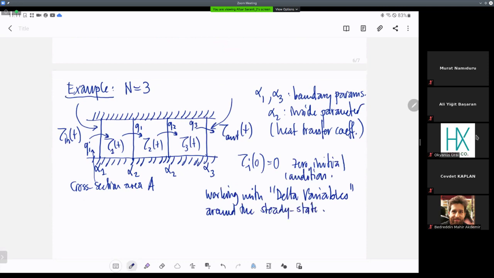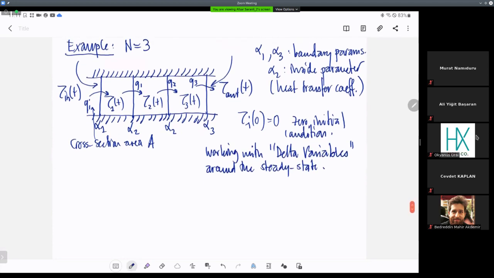So we have 3 state variables in this case, and we want to write down lumped parameter model equations for each one of them.